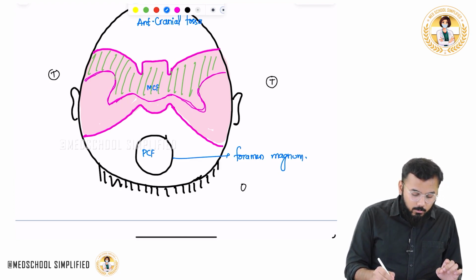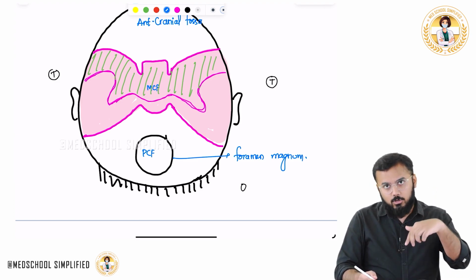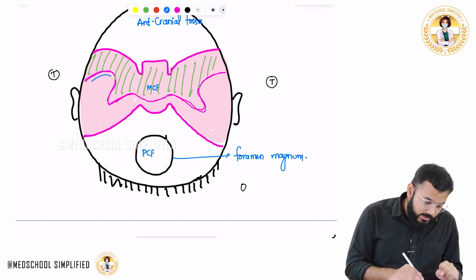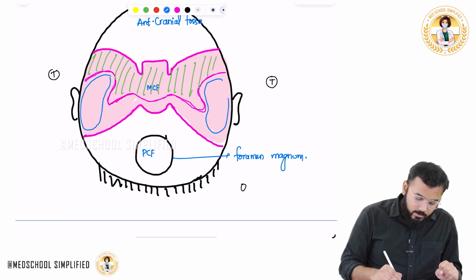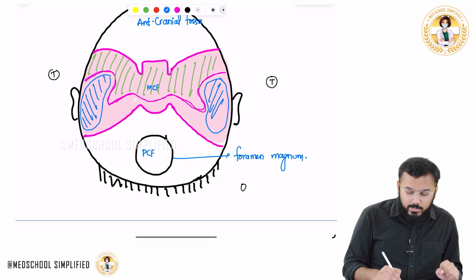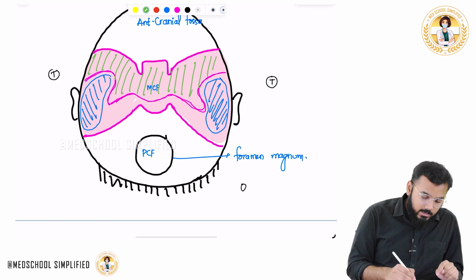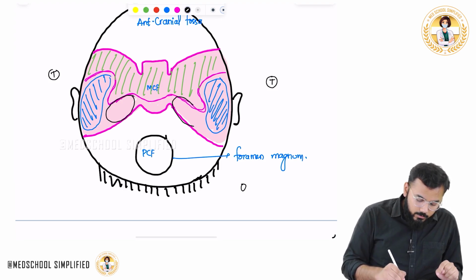Now in this temporal bone, there are 2 important parts. In this view from the top, you can see only 2 important parts. What are they? You see this part over here and this part on the other side. This part is called the squamous part of the temporal bone. After that you can see this particular part over here and this one over here.